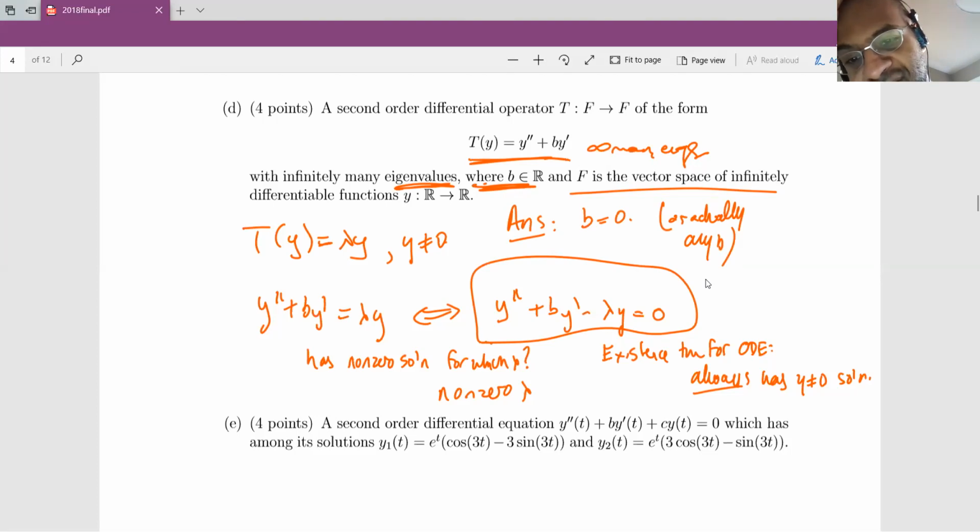Doesn't matter what b is. For all lambda, you will have an eigenvector. For all real lambda, which in particular means infinitely many. Okay. Any questions about this? The tricky part of this was just writing down the definition of the eigenvector equation.